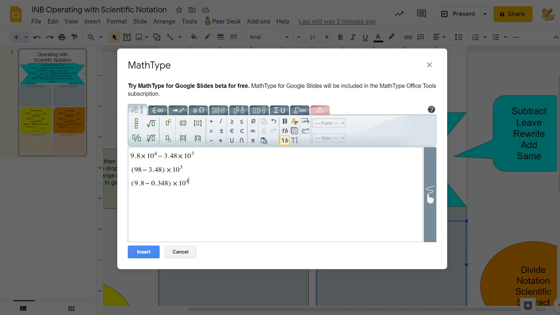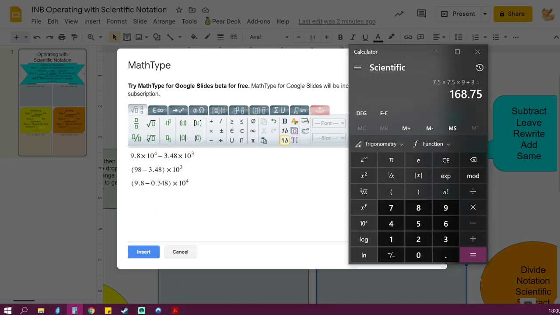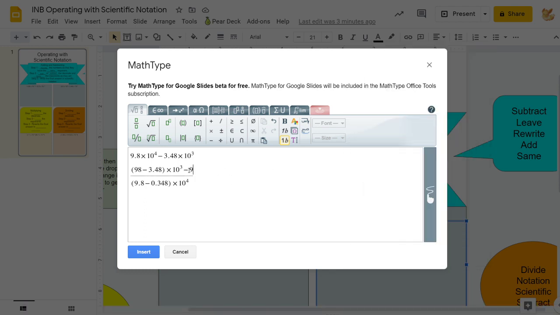I can show that by pulling up my calculator. So if we have 98 minus 3.48, that gets me 94.52. And then I'll just times 10 to the 3rd.